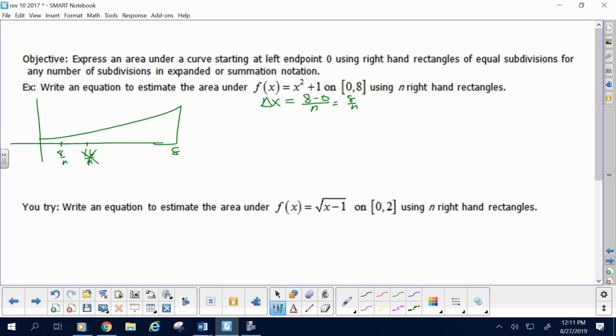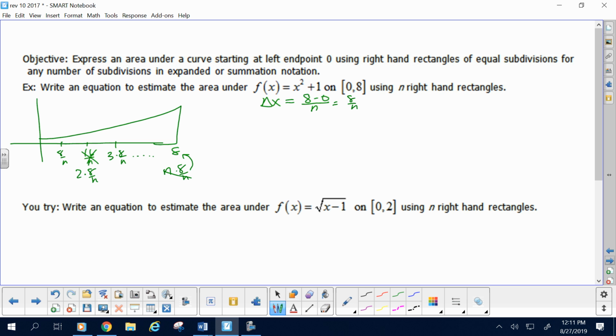Instead, write 2 8 over n's, and 3 8 over n's, dot, dot, dot, until you get to how many 8 over n's will there be? N 8 over n's. What do you call n 8 over n's?